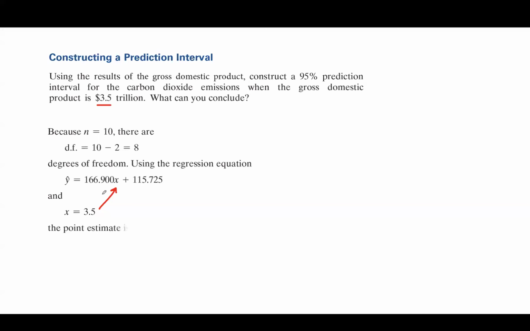So 3.5 times 166.900 plus 115.725 gives us a predicted y value of approximately 699.875.